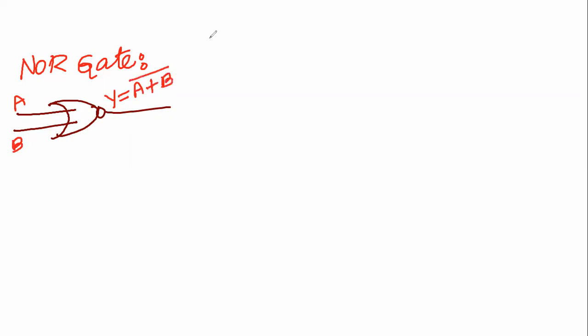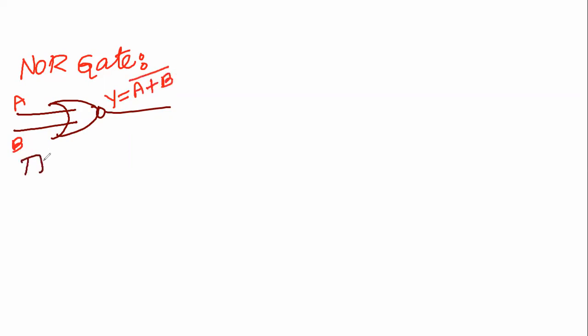NOR gate. It is the NOT OR gate. A and B inputs. Output Y is equal to A plus B complement.